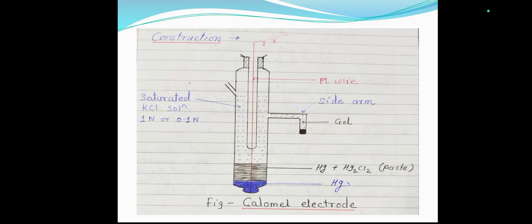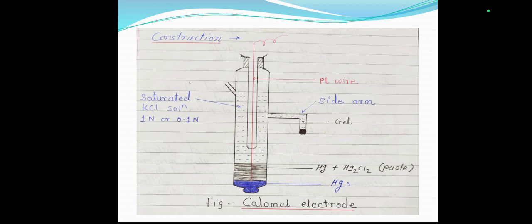So I repeat again, if you see this diagram, just see the bottom of the diagram, where the blue color shading is there. At the bottom liquid mercury is there, that is Hg. Above Hg there is a black color shading, that is the paste of mercury and mercurous chloride.